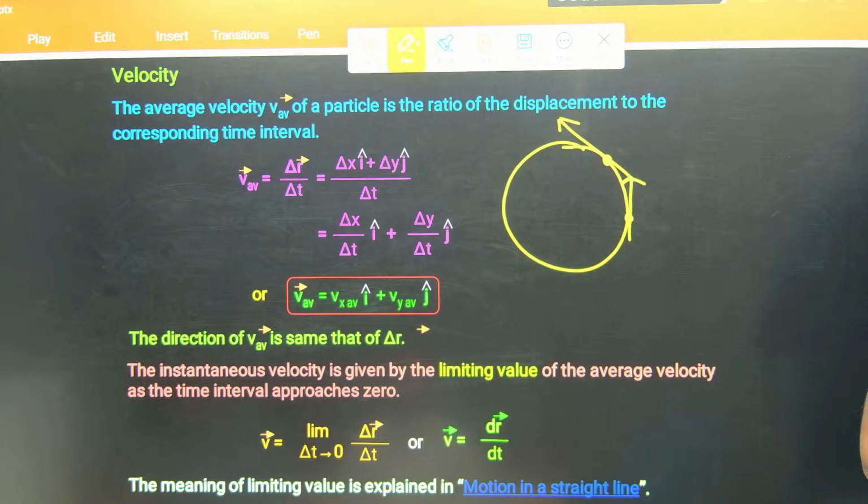Like in mathematics we have learned limit tends to 0, the same thing.